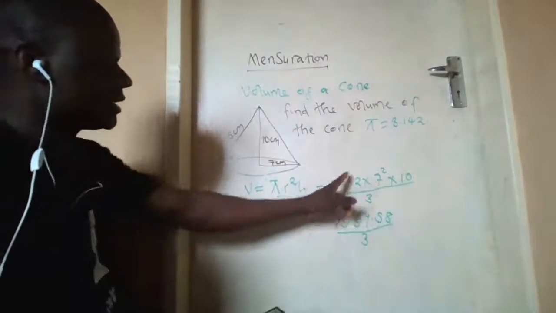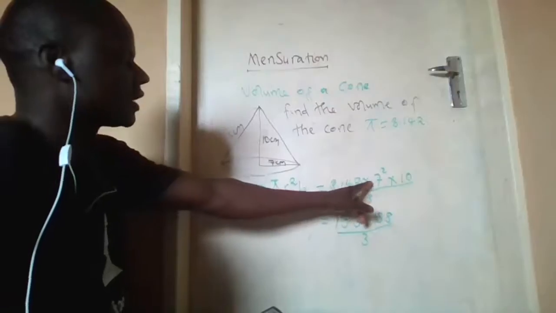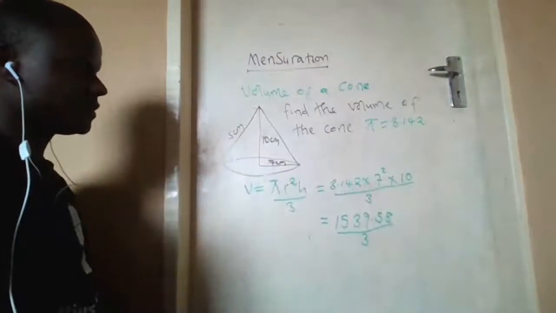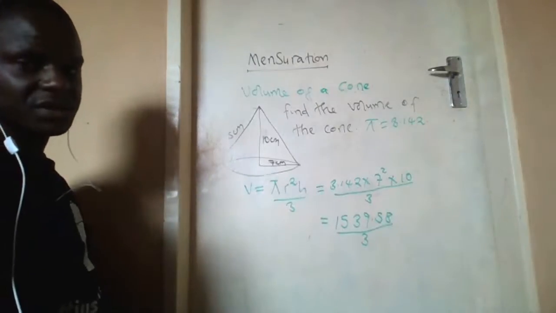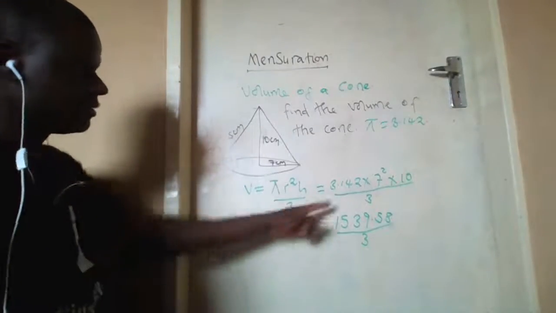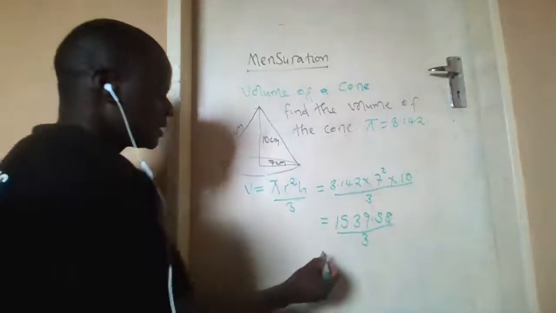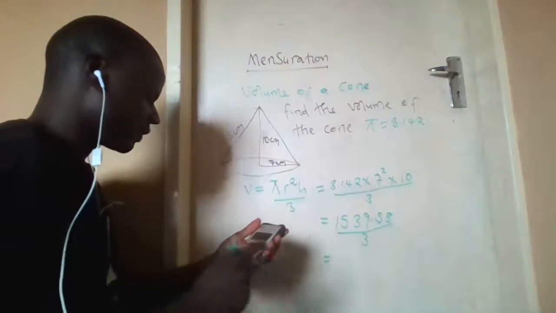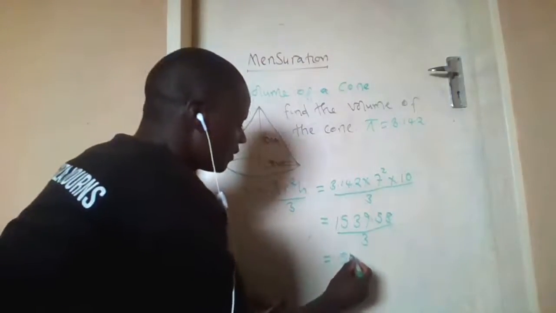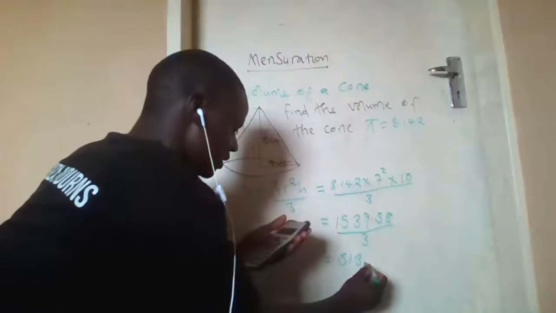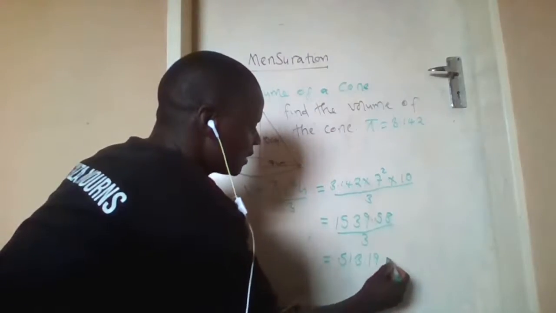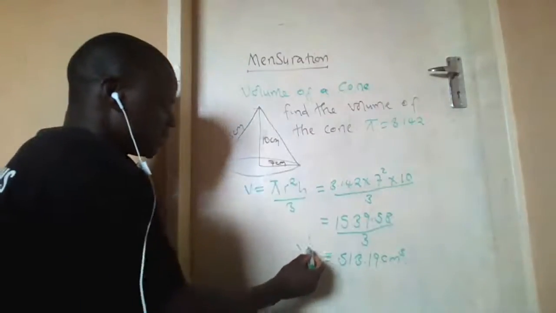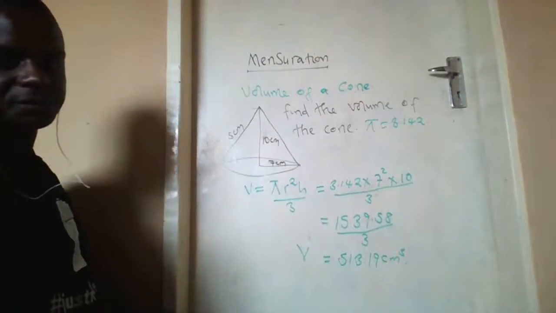So once you multiply 3.142 times 7 times 7 times 10, it gets us 1539.58. Then we divide by this 3. And once that answer is divided by 3, we're going to have 513.19 centimeter cubed. So that is the volume of the cone.